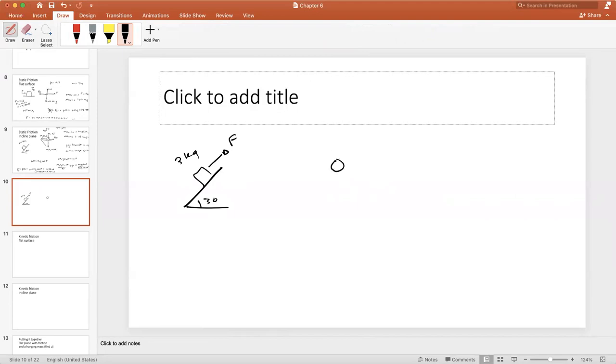And so when I do this, I get N, and I get mg cos theta, and I get mg sine theta, and I obviously get F, the force. But now I have to put my static friction force, and that's the problem. I could put it one of two places. I could either put it here, or I could put it here.